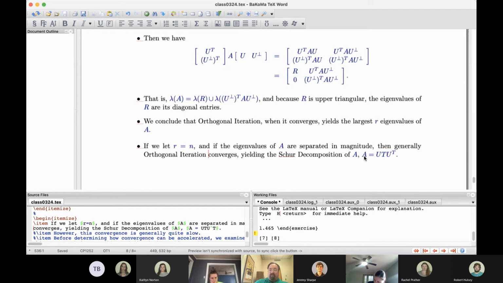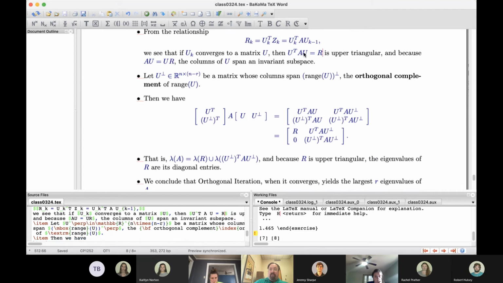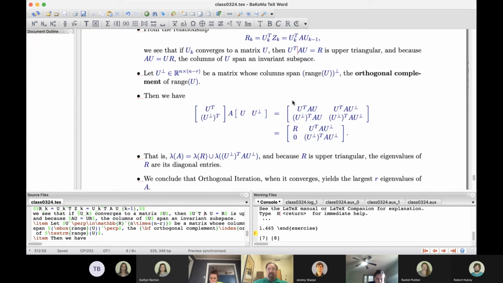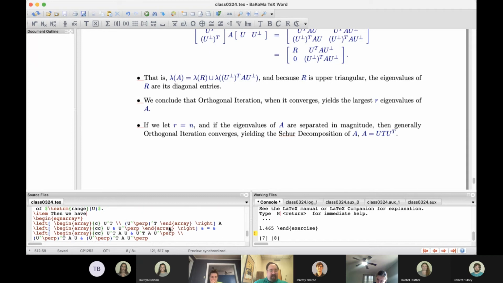Then what you have is the actual Schur decomposition, because you have U transpose AU is equal to R. If this is n by n along with A, then U is also n by n. That literally is the Schur decomposition of A. So that's what orthogonal iteration would give me in the r equals n case.